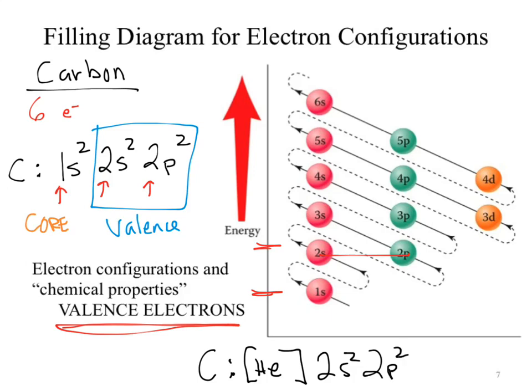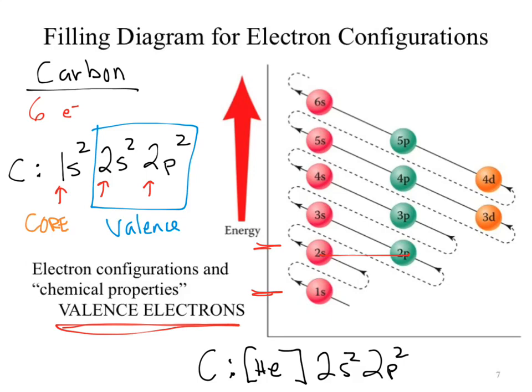You'll notice for carbon, that's a bit silly to do. Why? The effort to write 1s2 versus bracket helium bracket is relatively the same. So it doesn't really make sense to do it for carbon. But remember, as you get bigger, you may actually want to start using that notation.